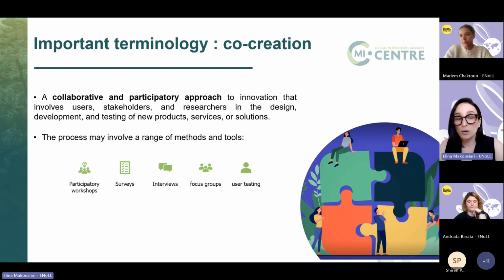Depending on the activity, you might find participatory workshops or urban walks more appropriate than surveys or one-to-one interviews, or focus groups, or getting the stakeholders to test something in their environment. Again, it depends on the result that you want to get from them.